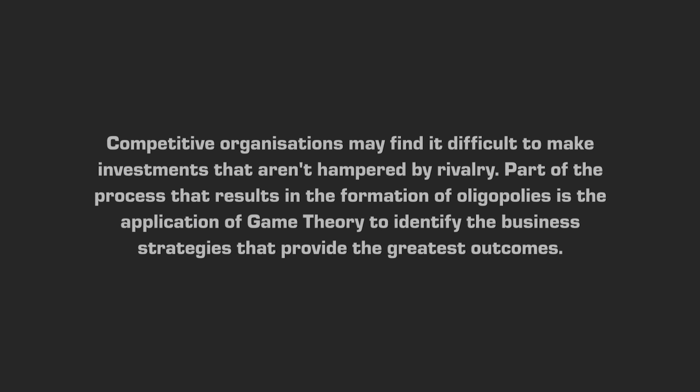Competitive organizations may find it difficult to make investments that aren't hampered by rivalry. Part of the process that results in the formation of oligopolies is the application of game theory to identify the business strategies that provide the greatest outcomes.